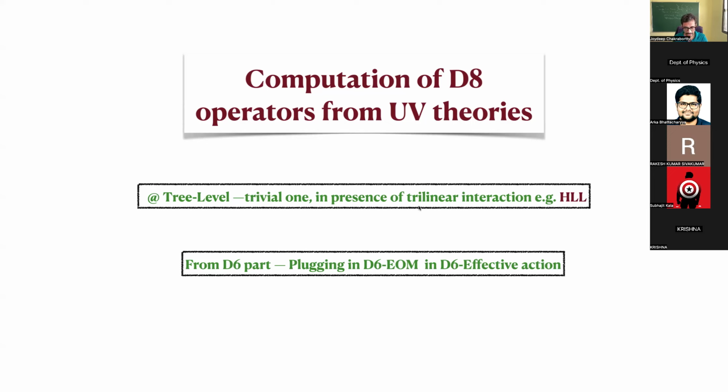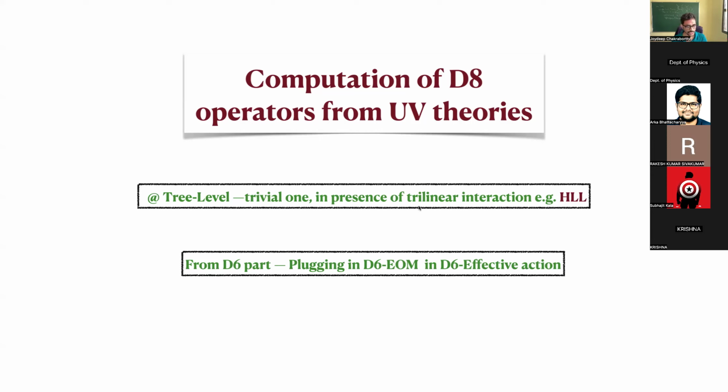But as I told earlier, when you have this dimension 8 contribution, we will have two contributions. One is directly integrating out, where you get the dimension 8 operators directly, but also you have this effective action up to dimension 6, where there will be lots of redundancies.